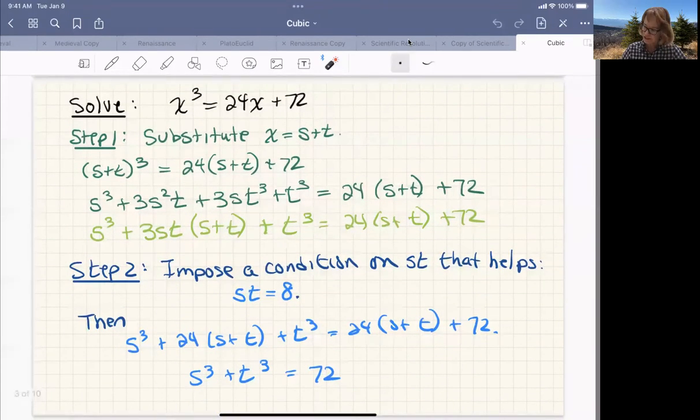So here's our first example. We want to solve the equation x cubed is equal to 24x plus 72. So if your cubic is in this form, here are the steps that you use to solve the equation.